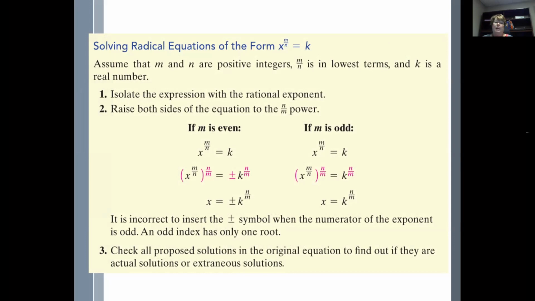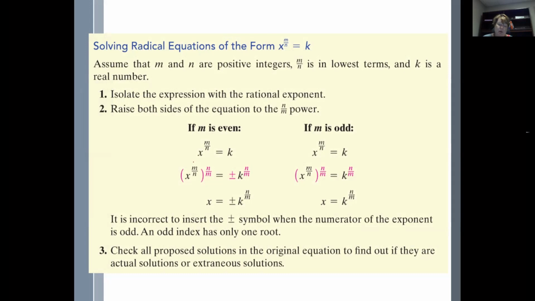So if we raise both sides of an equation to the reciprocal of the power, and the numerator of the original exponent is even, then when we solve this, we have to put a plus or minus in front of that.